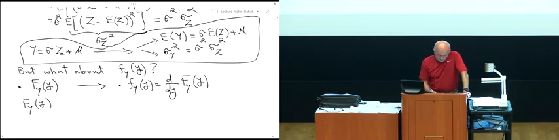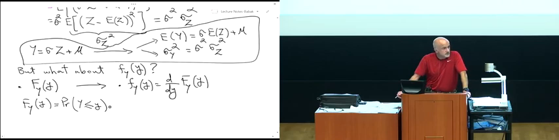So, this is the probability that Y is less than or equal to y, correct? That's the definition of a CDF. What does that say about z? What is z?